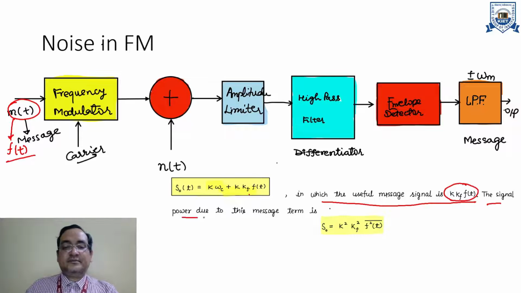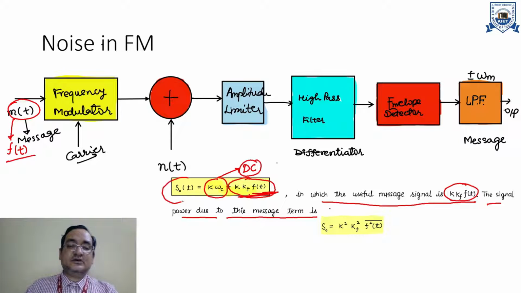The signal power is due to this message term, right? This other term is a pure DC term, so you can block this DC with the help of capacitors. As you are interested in the message signal, we consider only this time varying section, which is changing the properties of S0(t). So the power of S0(t) will be k square into kf square into the mean value of f square(t).